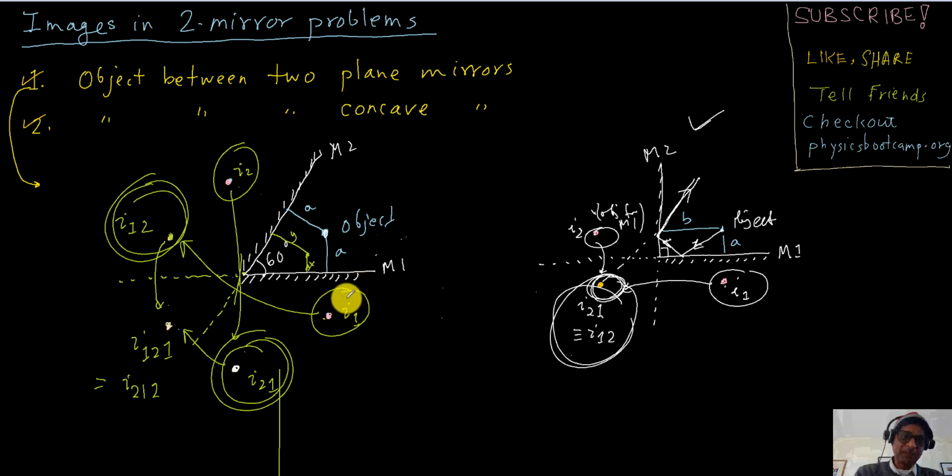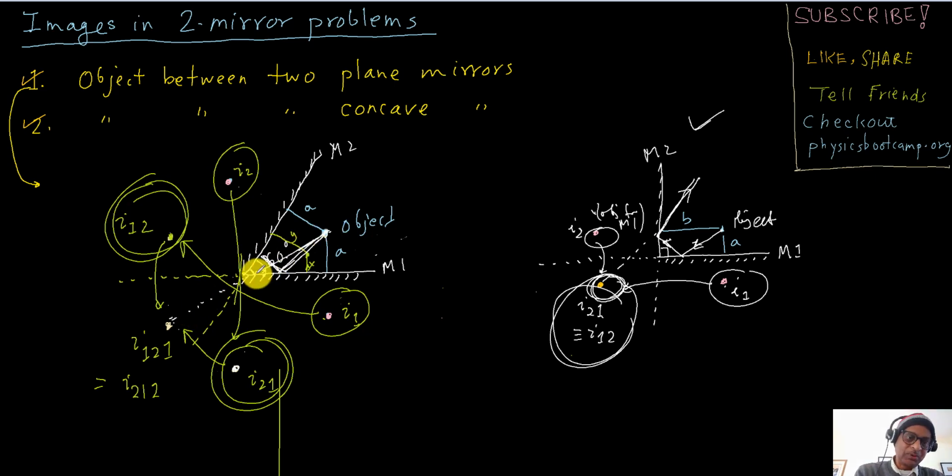Suppose I go like this and go like this, and then get here, and reflect in this direction, then it's going to come back in that same direction.